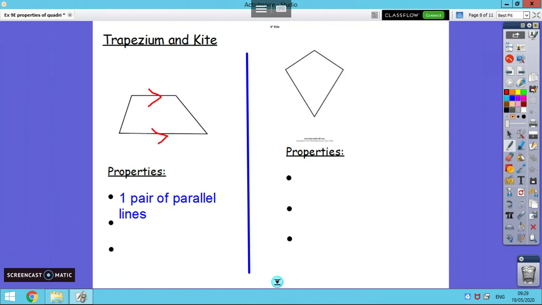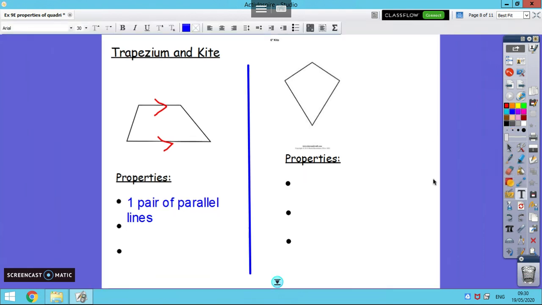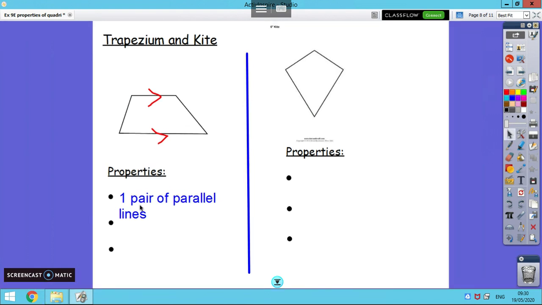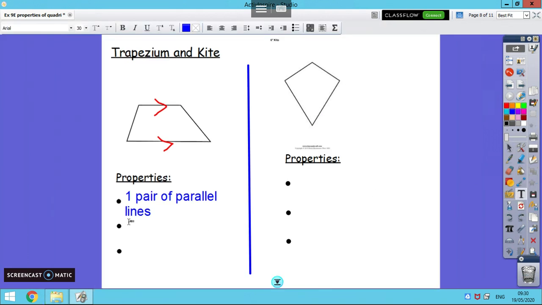There's our pair of parallel lines there. What else does this shape have? Well, it doesn't have any equal sides and it doesn't have any equal angles. But that's not true for all trapezium.